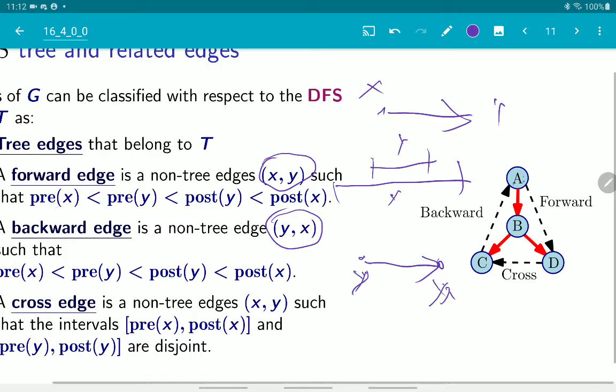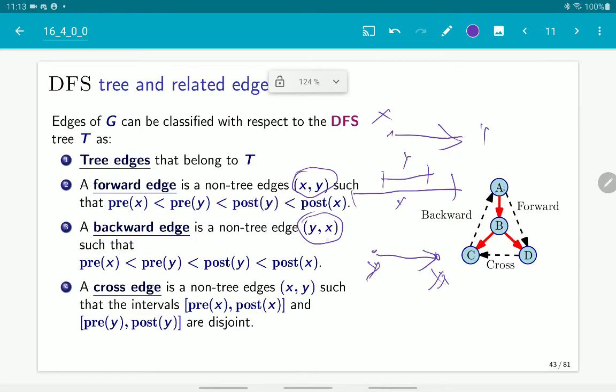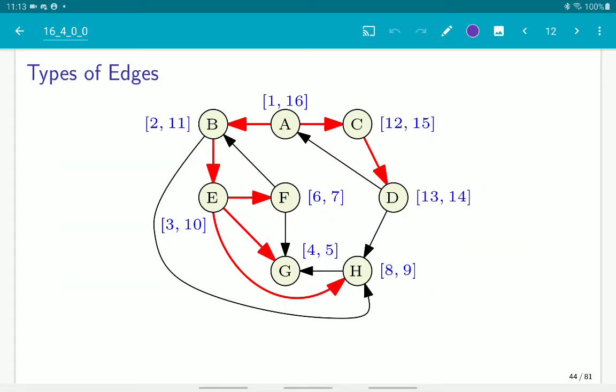This is kind of unfortunate, but this is a backward edge, right? And a cross edge is just an edge where the two time intervals are disjoint. So those are the three types. And the nice thing is that we can detect all those types by just looking at their time intervals, except for the tree edges, which we just need to mark as being in the DFS tree, which the DFS process, of course, can do.